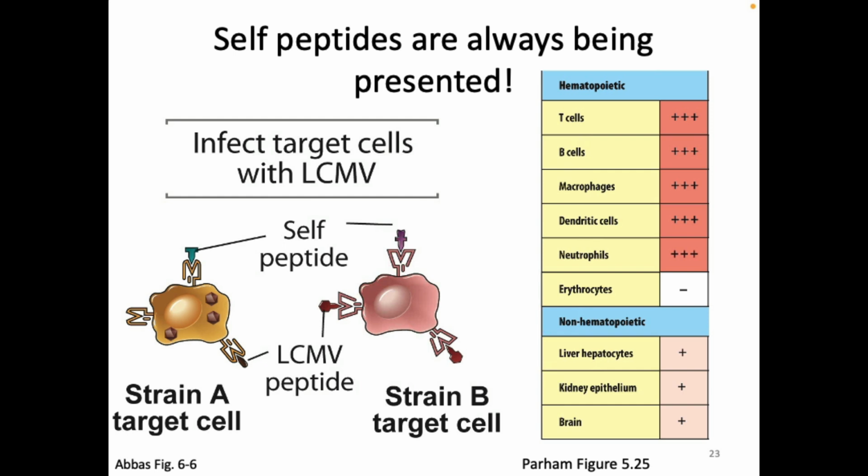That is going to involve another cell type called an NK cell, or natural killer cell, that we will see later in the semester. But what I want you to notice here is how important that self-peptide presentation is, because it is an indicator of cell health, that the cell is often showing its self-peptides to T cells.